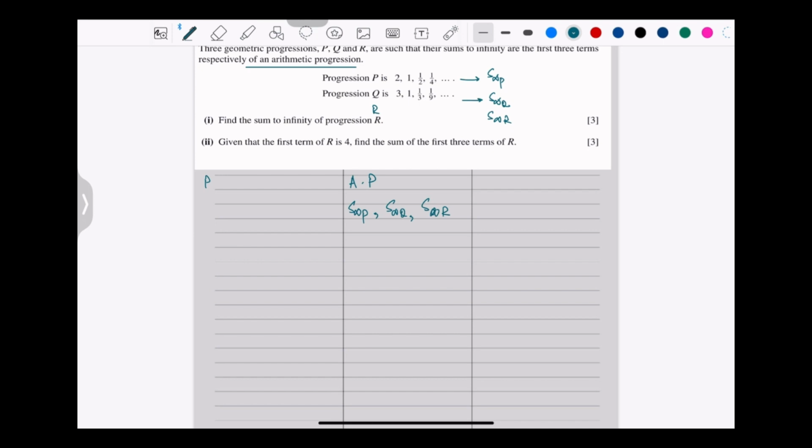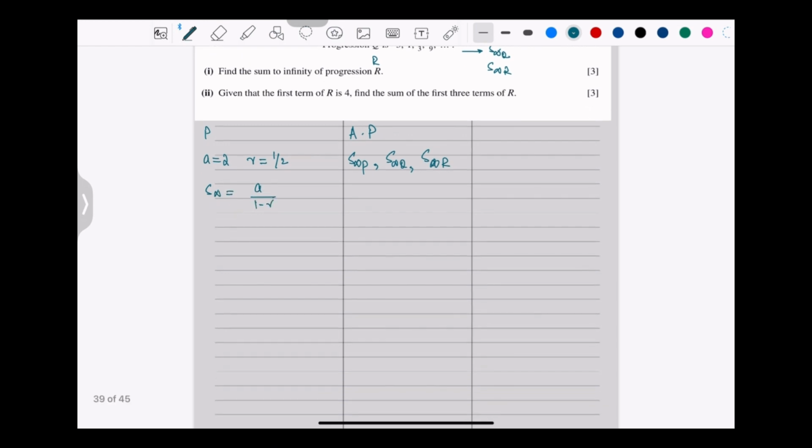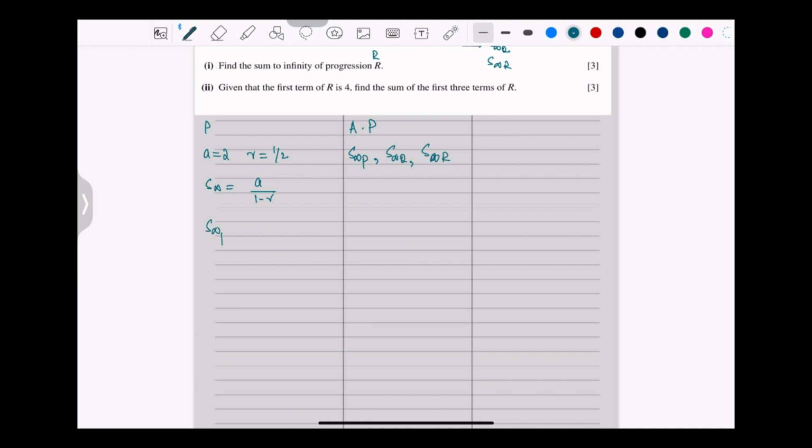Now for p, a is going to be 2 and r is going to be 1 over 2, and S infinity is a over 1 minus r, so S infinity of p is 2 over 1 minus 1 over 2, and you can do the math, it becomes 4. So this is the first term of that arithmetic progression.